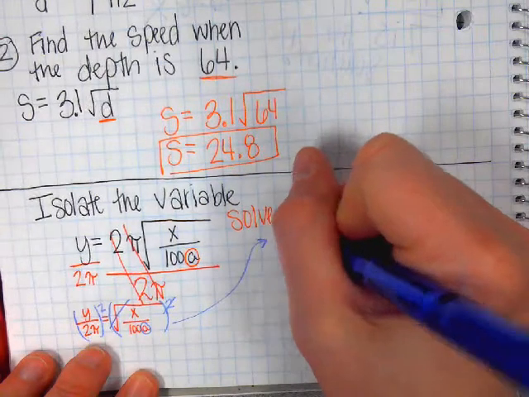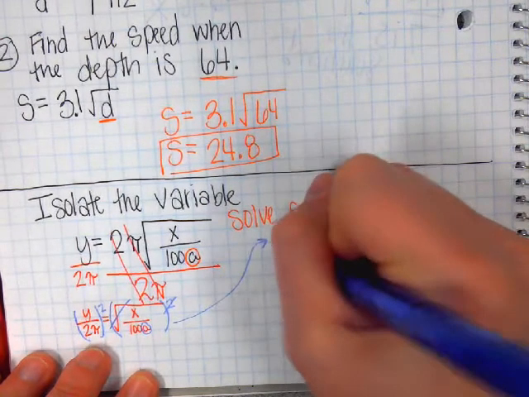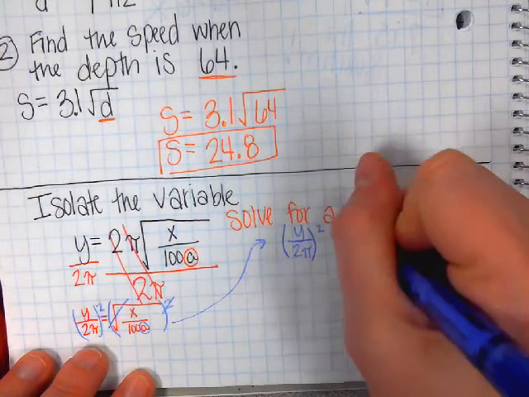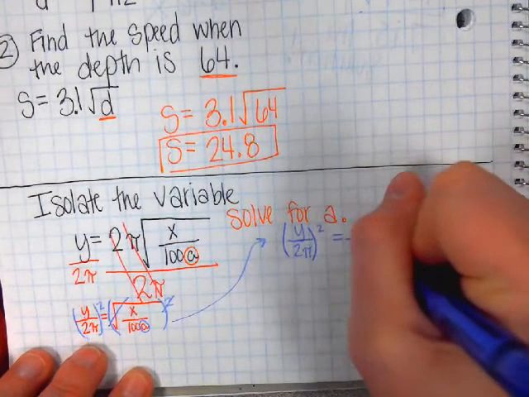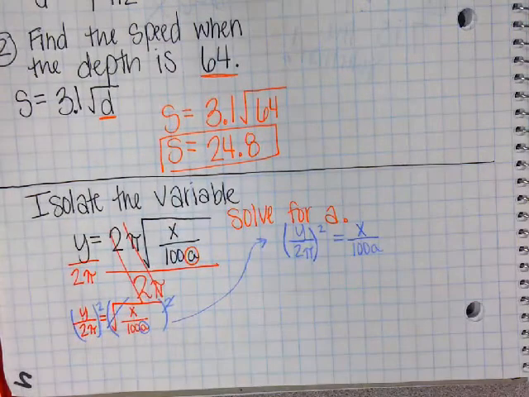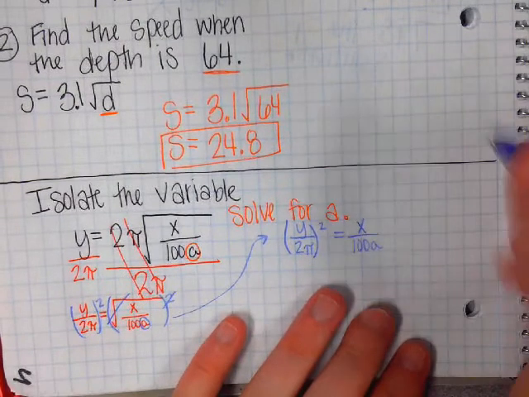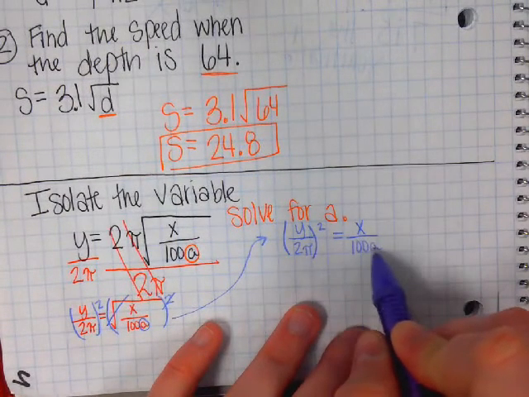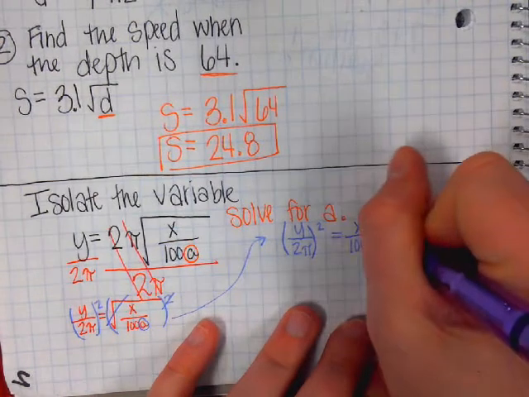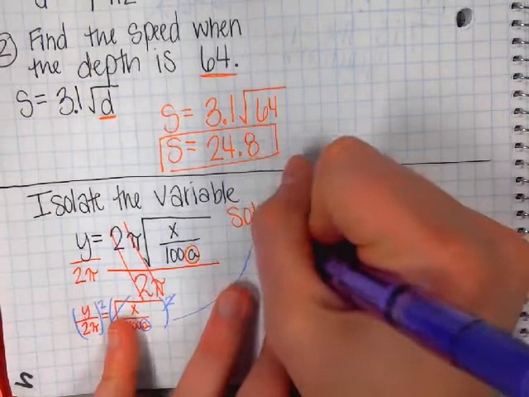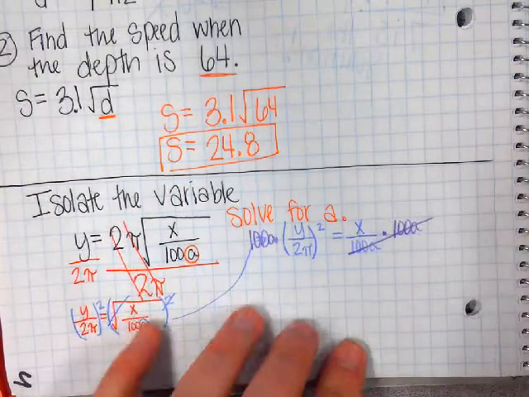So then it would be y divided by 2 pi, squared, equals x divided by 100a. Since we don't really know how to work with variables on the bottom yet, I need to multiply by 100a. That way it cancels. Then multiply this side by 100a.